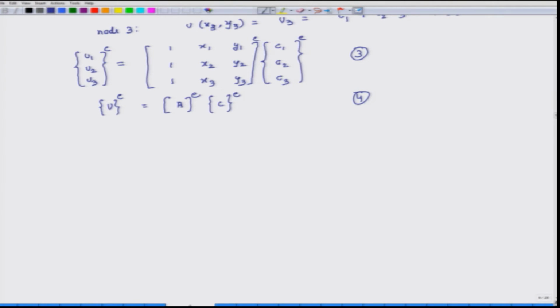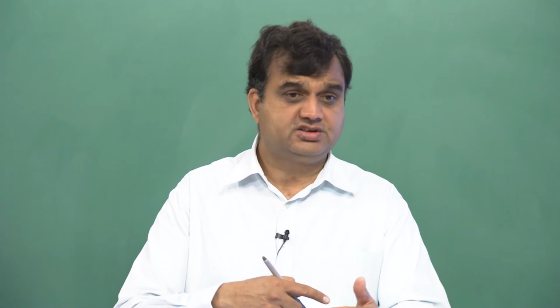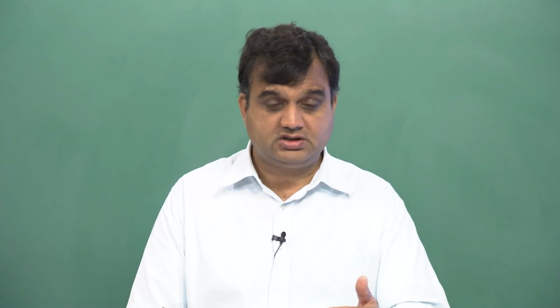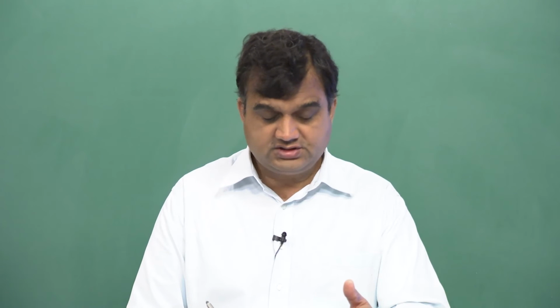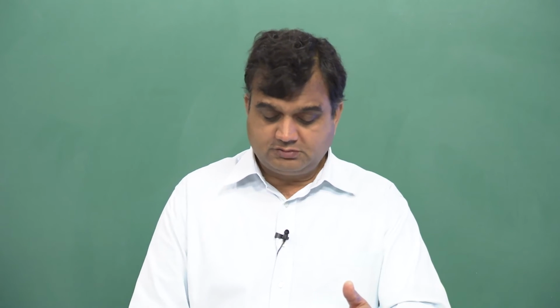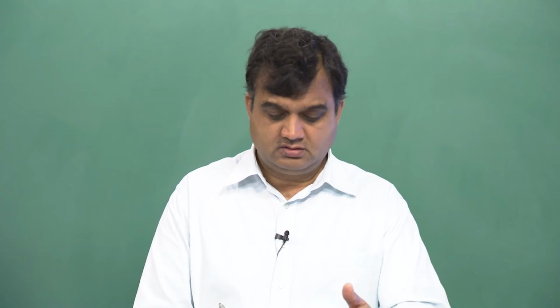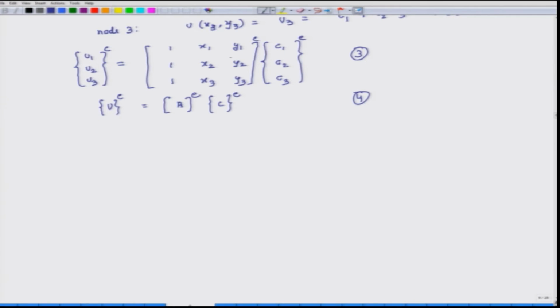If they are linear combinations, then you cannot invert this A matrix. Similarly, the columns should also not be linear combinations of each other, otherwise you cannot invert it correctly.